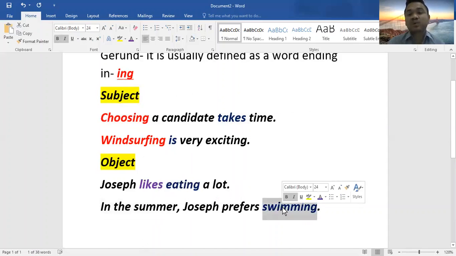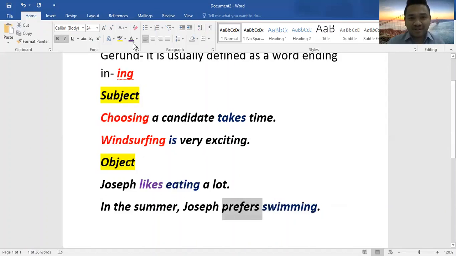Now the gerund here is swimming, and it comes after the verb prefers. So these are objects. Why? Because the gerund comes after the verb.